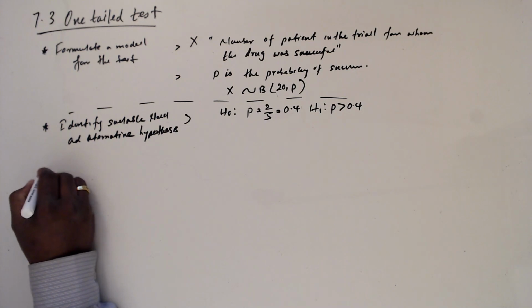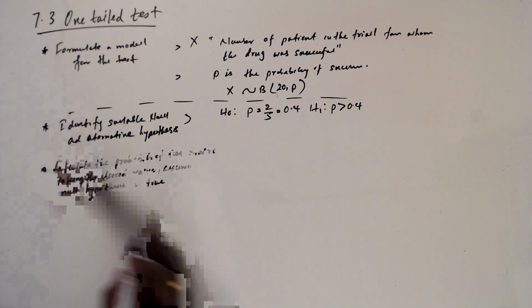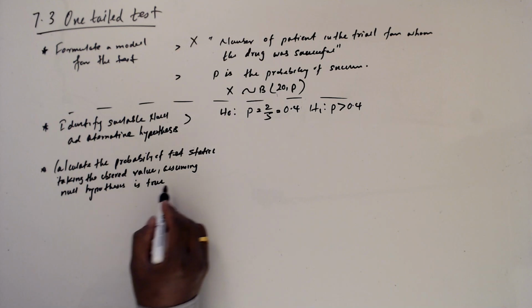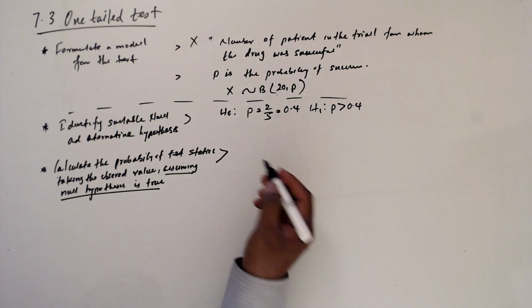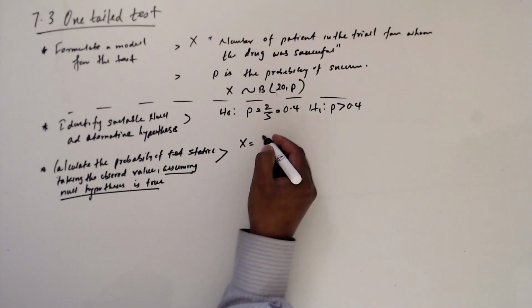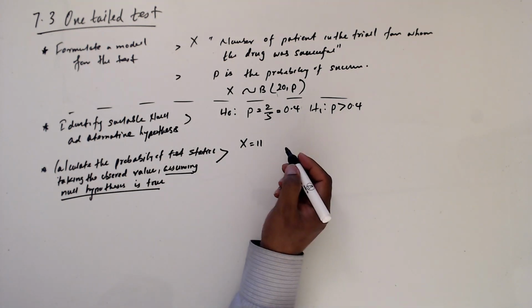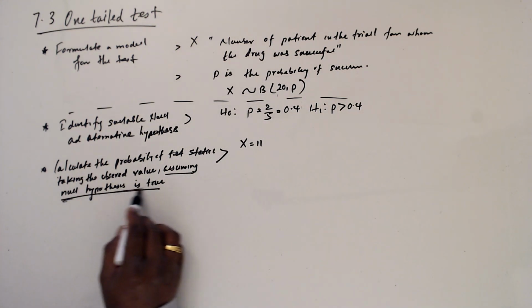Next is to calculate the probability of the test statistic, taking the observed value, assuming the null hypothesis is true, very important.